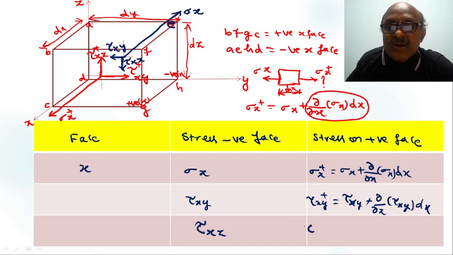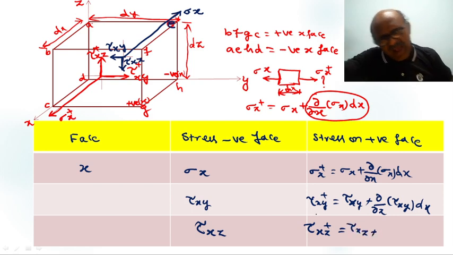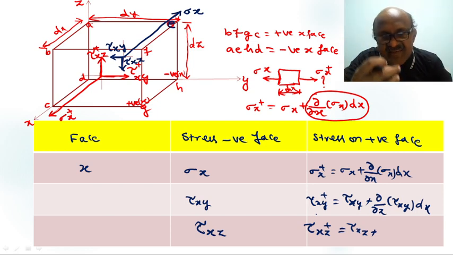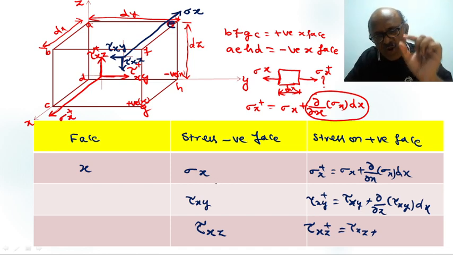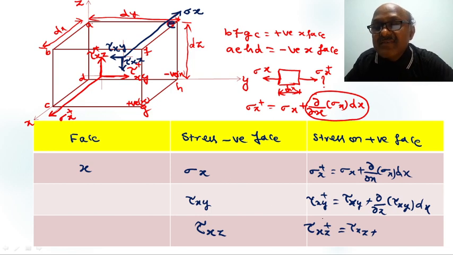Here tau xz plus equals tau xz plus the change when it passes through this dx distance. Per unit distance, the change is dou by dou x of tau xz. For dx distance, dou by dou x of tau xz into dx.